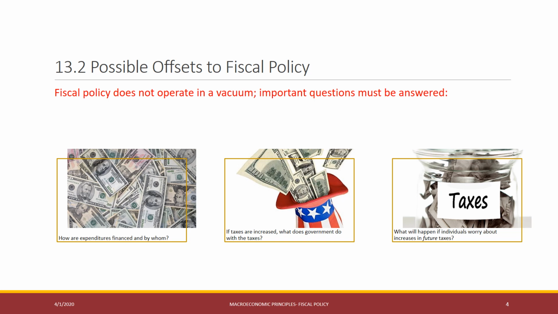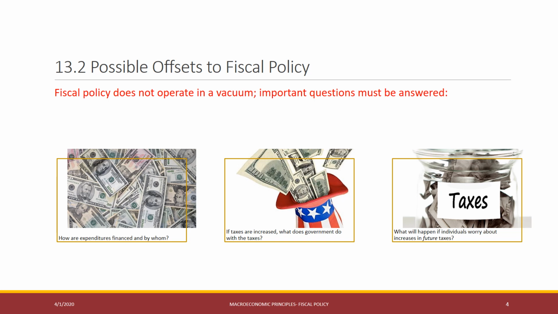Number 2, if taxes are increased, what does the government do with these taxes? Whether it spends on military, education, healthcare facilities, what is done with the taxes? What will happen if individuals worry about increases in future taxes?